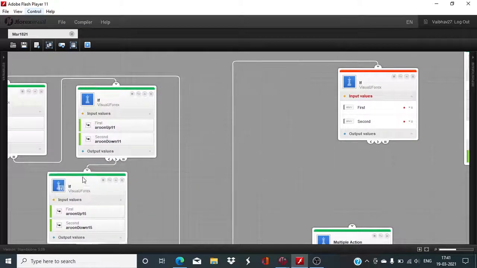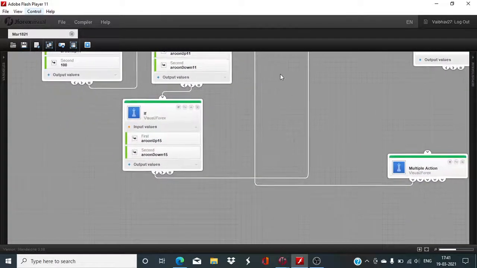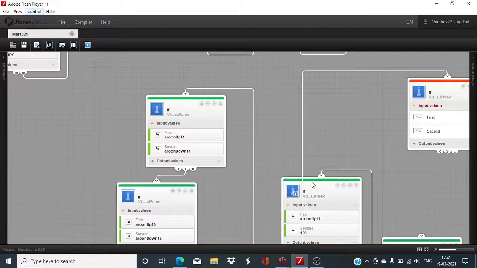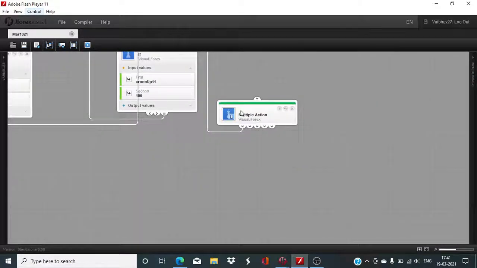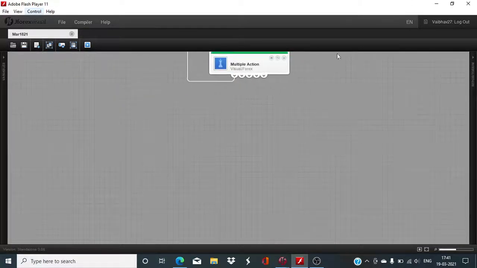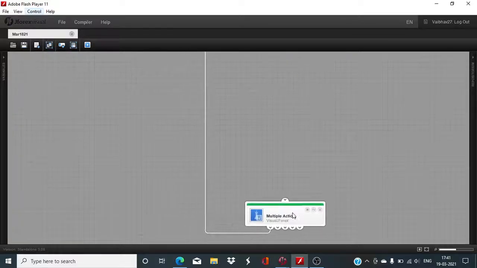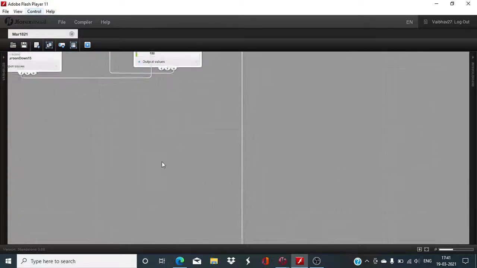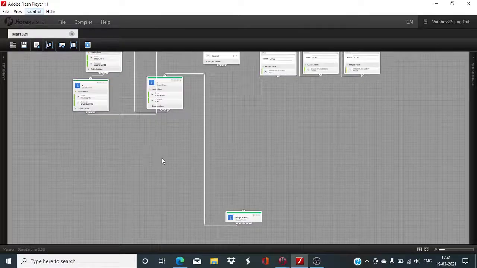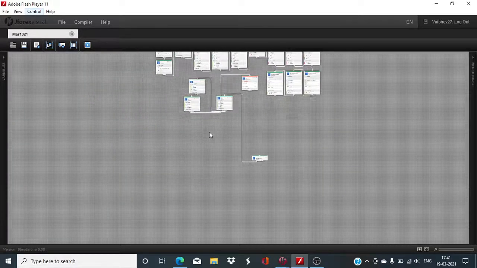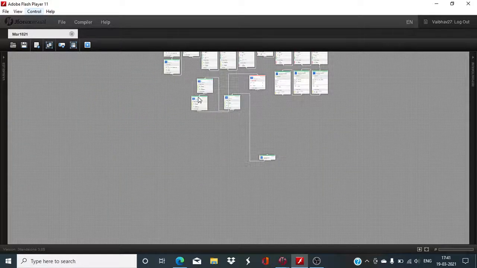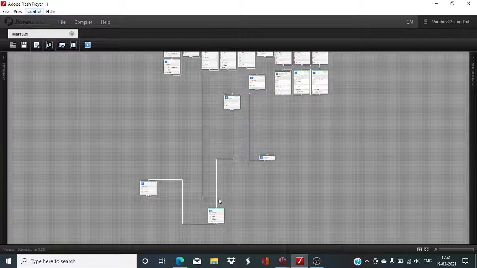So here we have defined these conditions. We will leave some space here, just in case we have to add more calculation blocks.